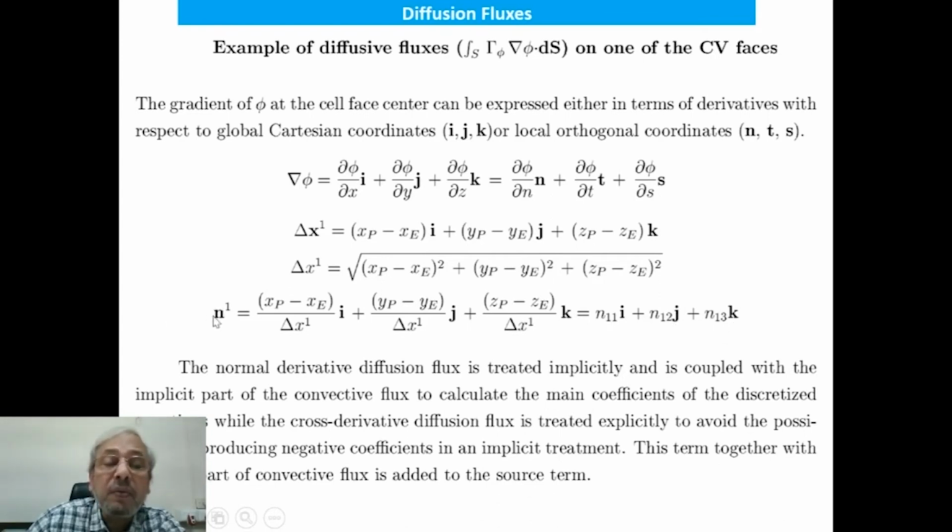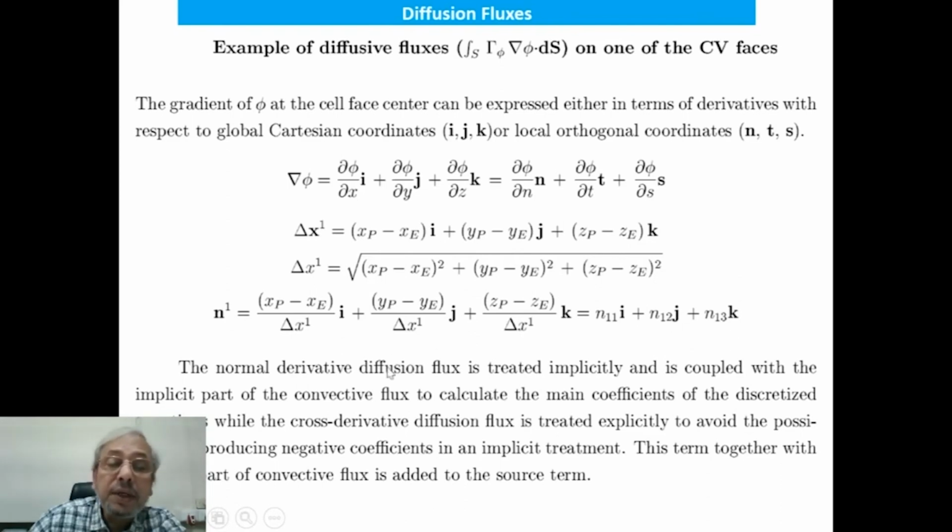So the unit normal vector, in the previous slide, if you recall, we represented by n11, n12, n13. So this is how the unit normal vector is basically n11 i, n12 j and n13 k.